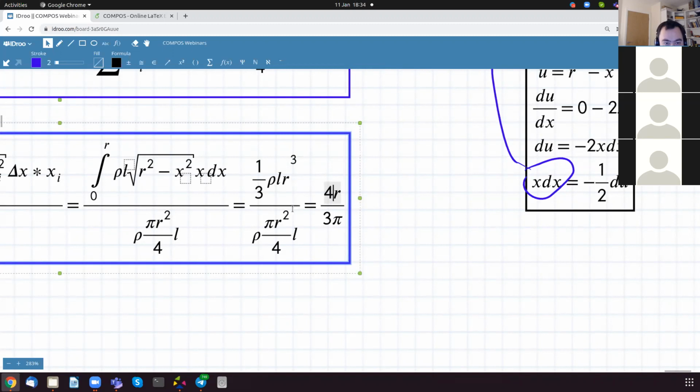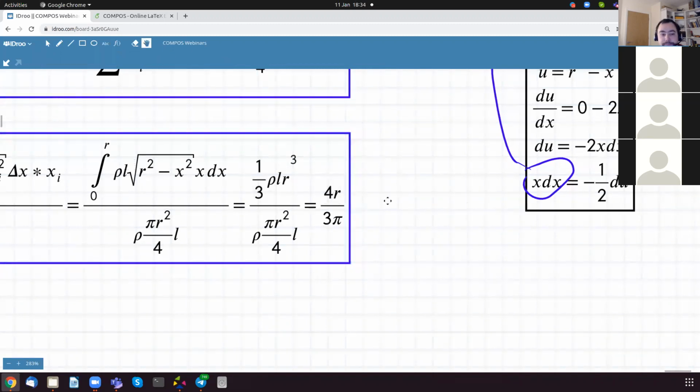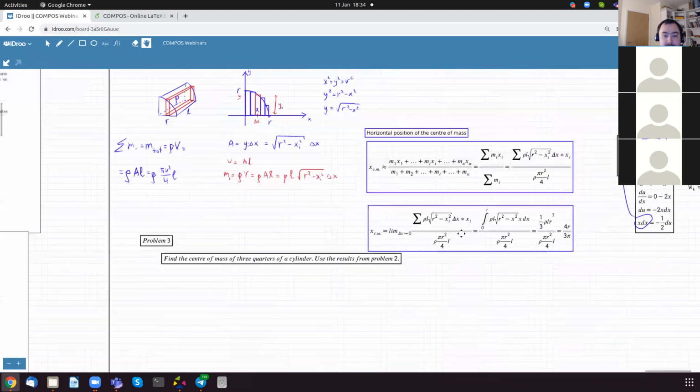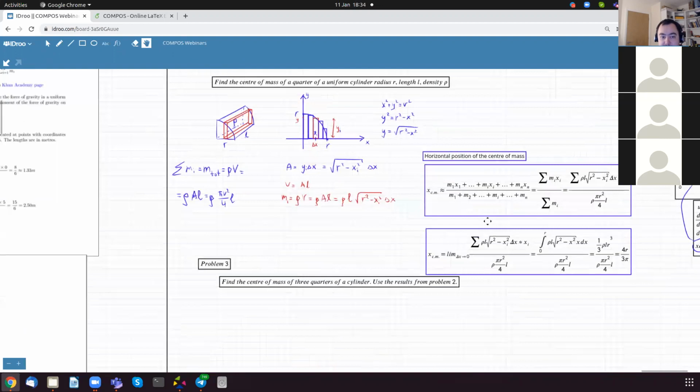I think that's right. Yeah, that's right. And that's the x coordinate of the center of mass.